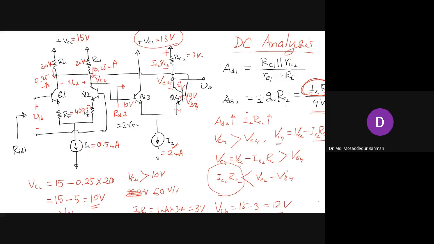Yes, sir. This is an important concept when you want to design an amplifier for a particular signal to amplify. So these are the factors you need to consider, and these will affect your output if you don't have the proper biasing set properly.